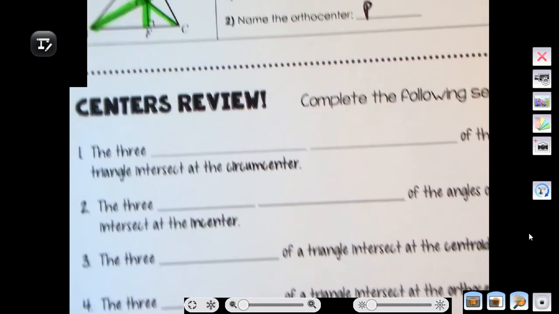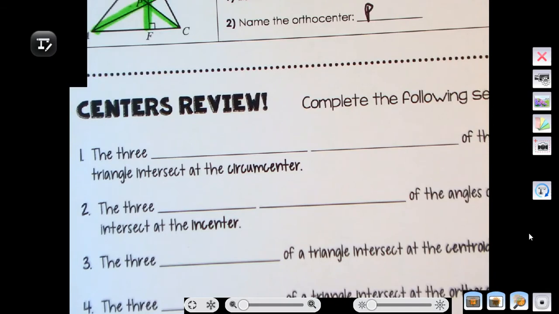What I want you to do right now, after I finish talking, is pause the video. I want you to gather up all of your notes that I showed you at the beginning. So I'll show you what I'm talking about. I want you to look at your 5-2.